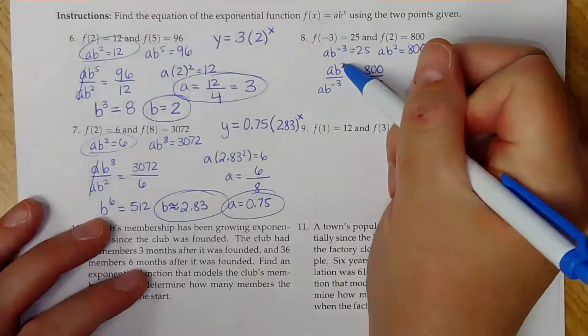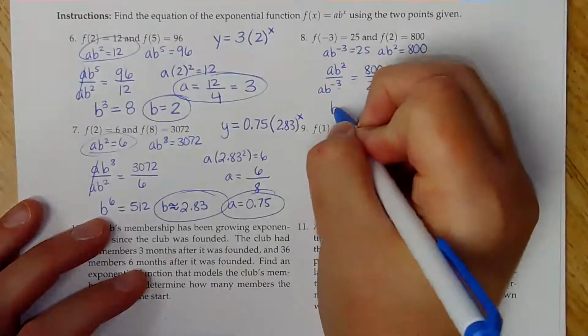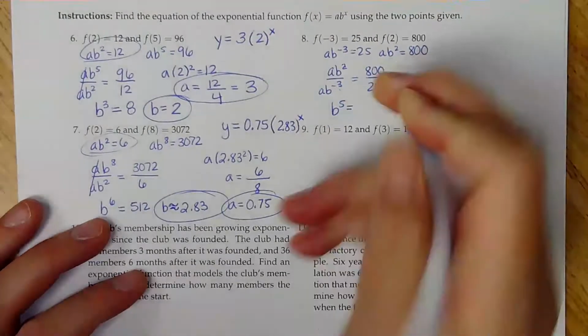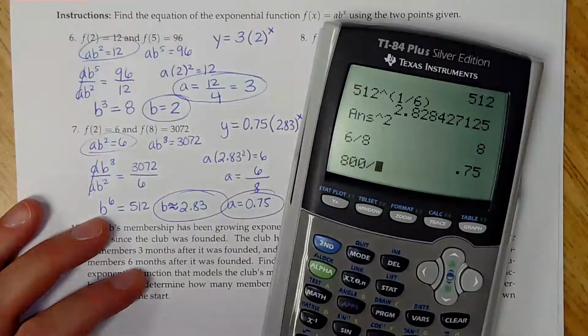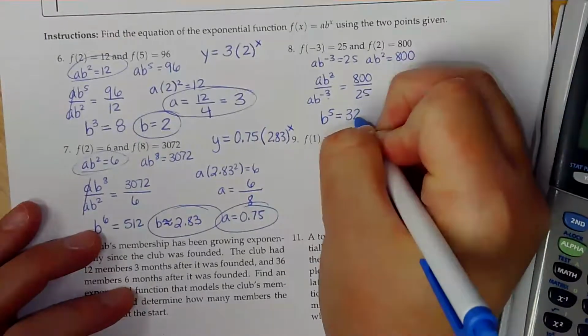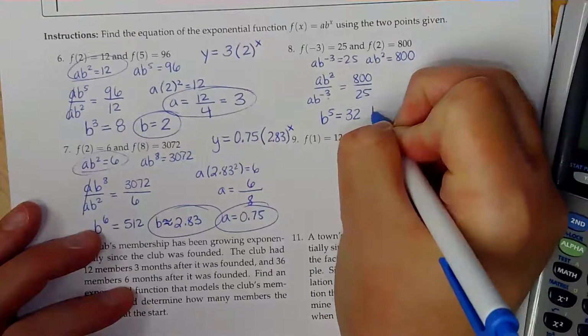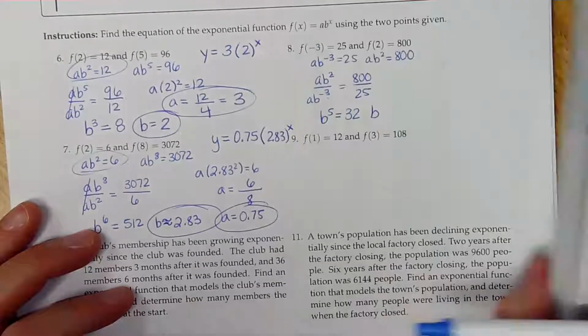So 2 minus a negative 3, that gives me b to the 5th, is equal to 800 divided by 25, which gives me 32. And then if I raise that to the 1/5 power, that'll tell me what b is. So b is 2.